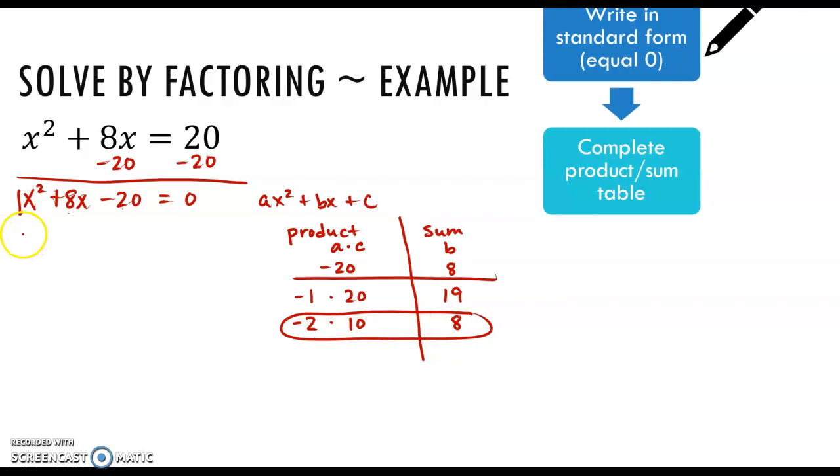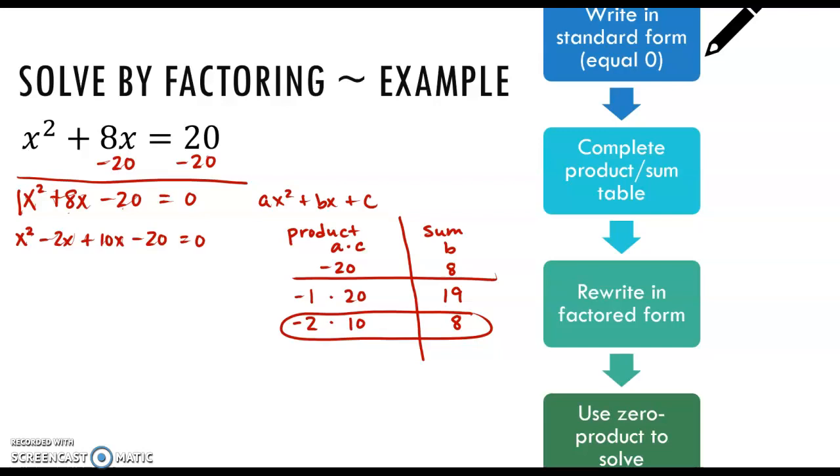What that means then is that our quadratic before we added like terms was x squared minus 2x plus 10x minus 20. That's equal to 0.